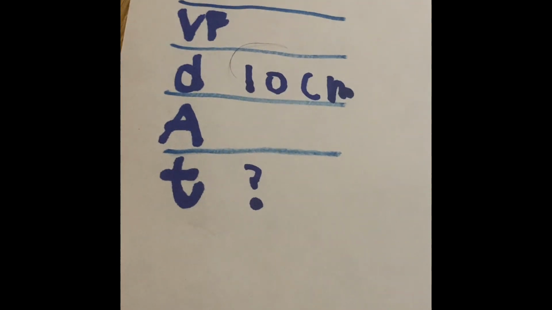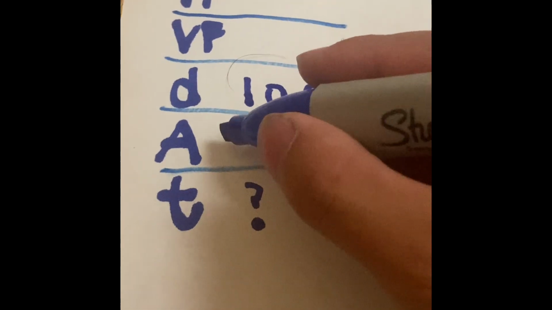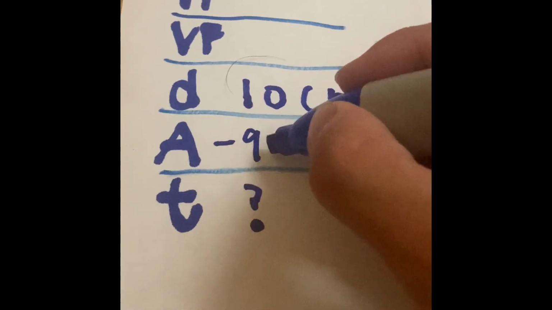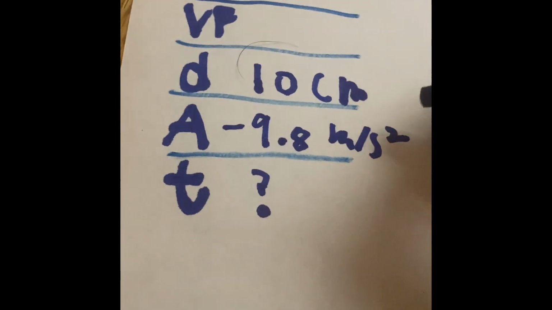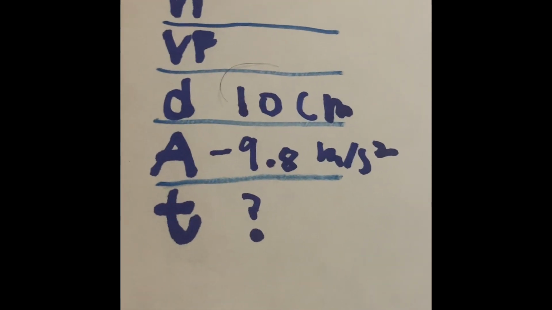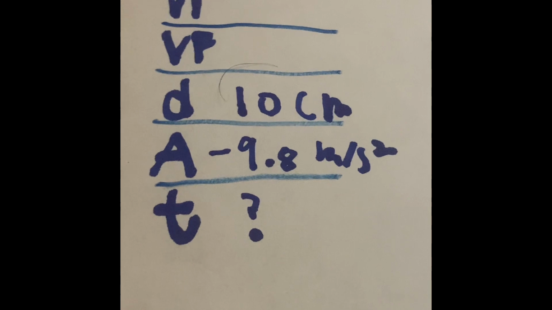However, we do understand that your friend has stopped their thumb at 10 centimeters. The gravity, or the gravitational pull, is going to be minus 9.8 meters per second squared. And that represents the Earth's gravitational pull, and negative because it's falling.